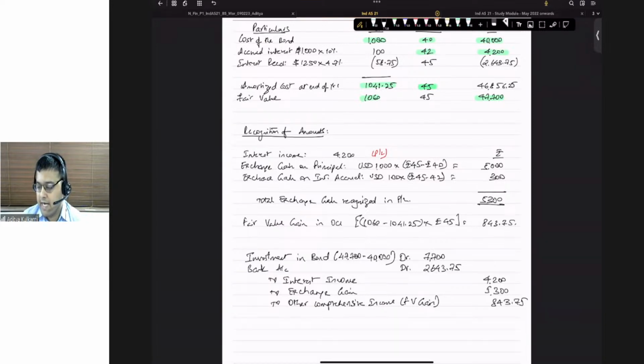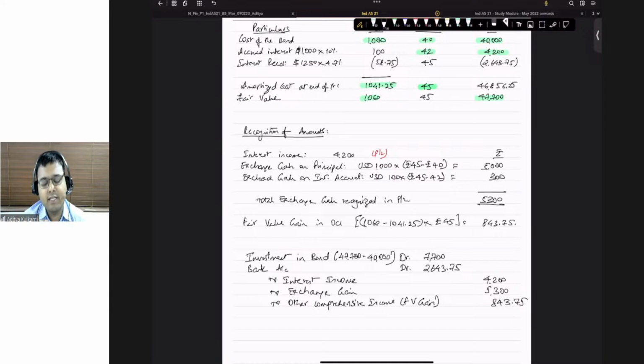Anyways, that takes care of foreign currency transactions. As far as these items are concerned, how do you recognize? First, the loan is a monetary item, so you will state it at the closing rate. Second, the coupon rate will be the payment, so the payment will be translated at the rate on the date of payment. The effective interest rate is to calculate the interest for the entire year, hence you translate using the average rate.